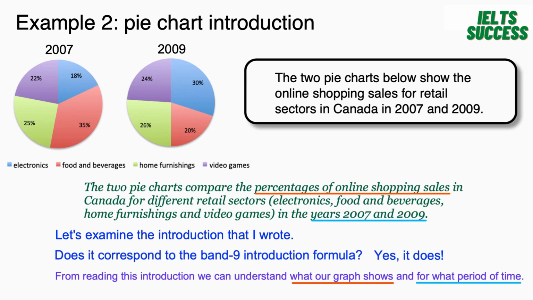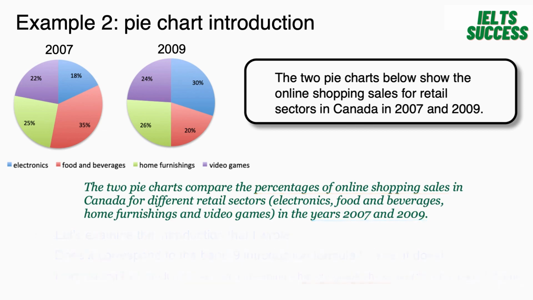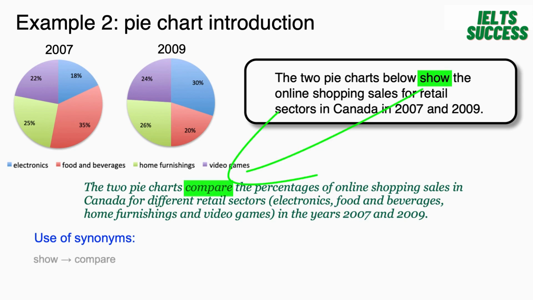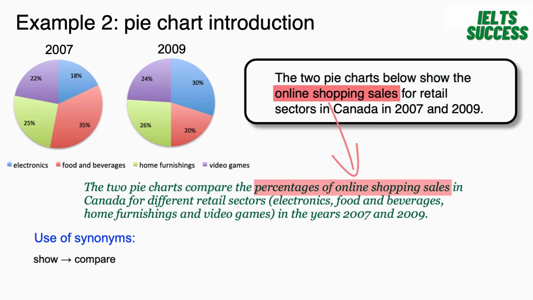Okay, that's good. Now, let's take a look at how I used synonyms here. In the original question card, we had the word show, which I replaced by the word compare. Then, I paraphrased online shopping sales for percentages of online shopping sales.